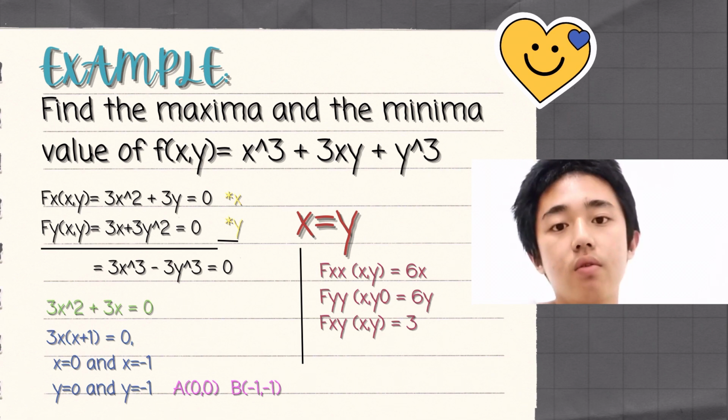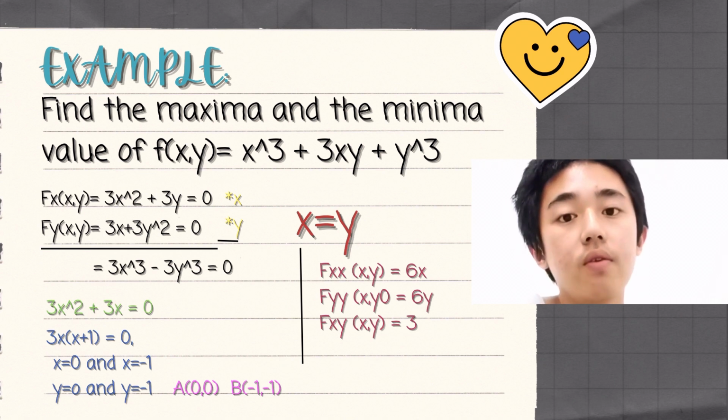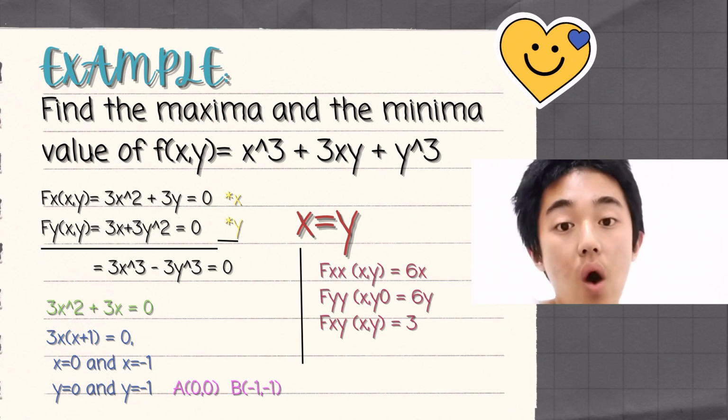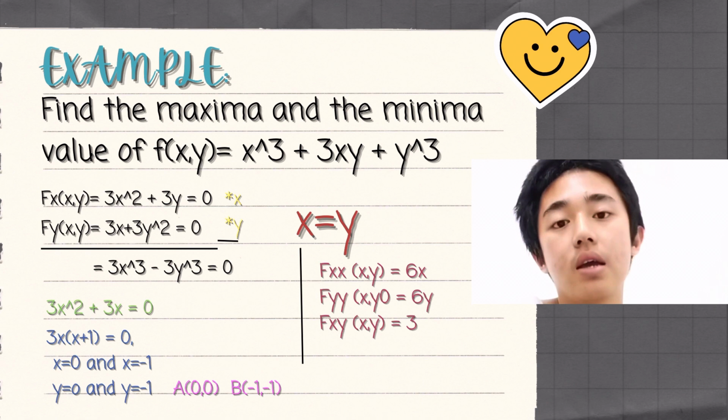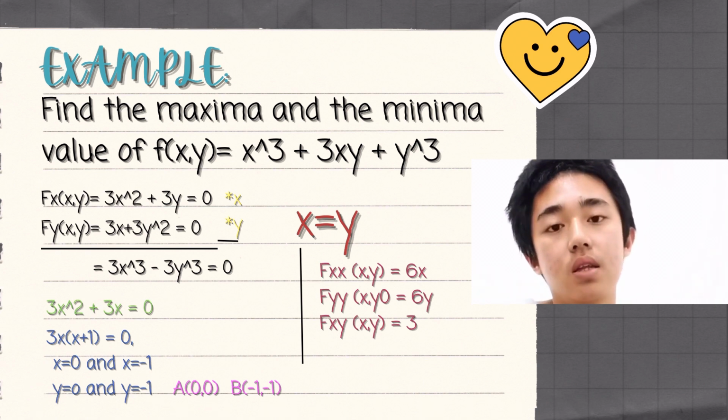Next we search for fy, so we focus now on the y. We consider x as a constant number and then they are gone, that means they are 0.